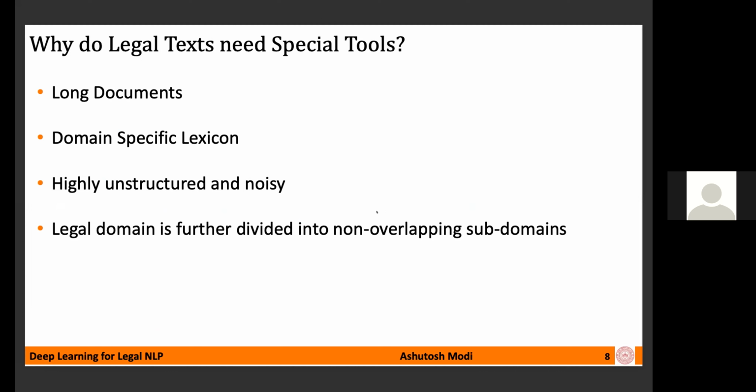Hence, a system which is developed on one law, for example income tax law, may not directly work on another law, for example criminal law. So there is a problem of domain shift. The models that you train should be robust, so that they are able to work in different domains as well.